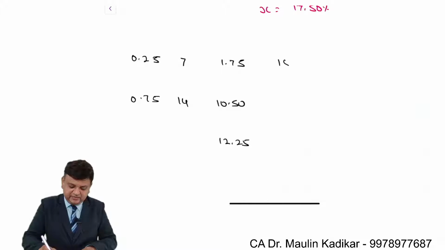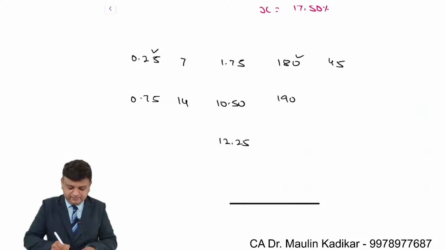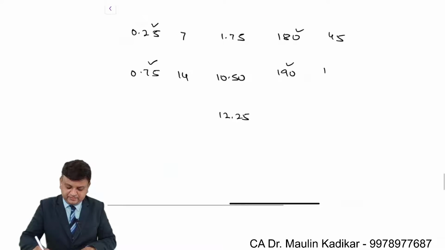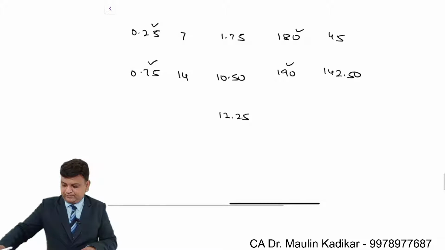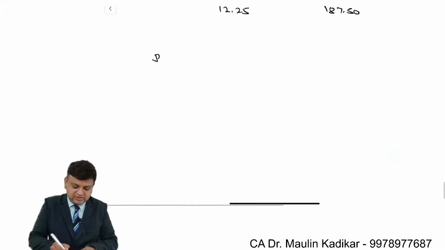Next, 180 and 190. So 25% chances that the price will be 180, that is 45, and 75% chances that it will be 190, so it is 142.5. So the answer is 187.5, friends. Based on this, the return can be calculated like this.